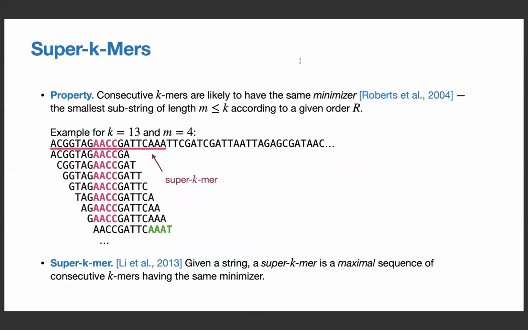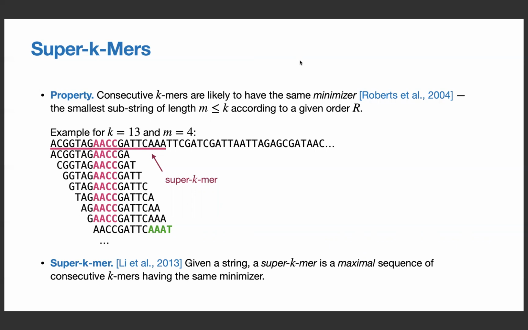Let's now introduce the first ingredient of our solution, the so-called super k-mers. We have the following empirical property that consecutive k-mers are likely to share the same minimizer. The minimizer is just the smallest substring of length m at most equal to k according to a given order R. Here in the slide, you see an example for k equal 13 and m equal 4.